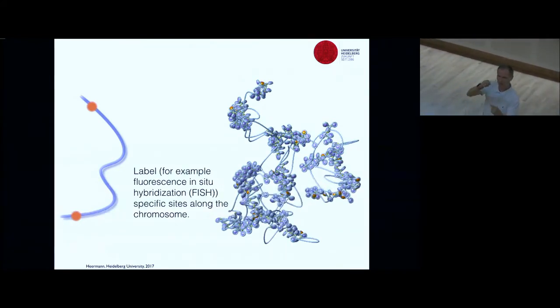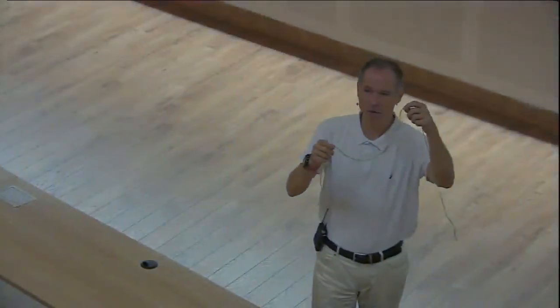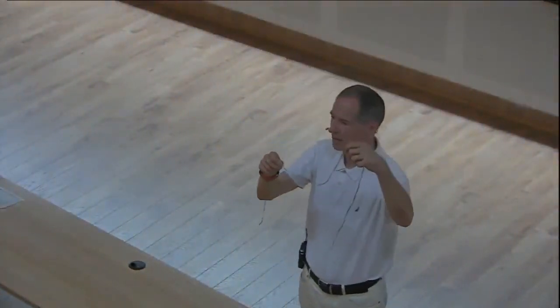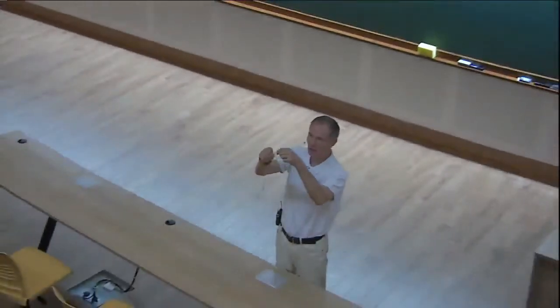Of course, these would be all over the map, and when you average this, you would find it's 0, because sometimes the distance points in this direction, sometimes in that direction. So what you would really be looking for is the mean square distance between these two points, and then as you change the genomic distance, the mean square distance would change.